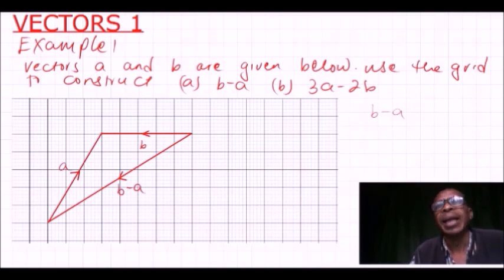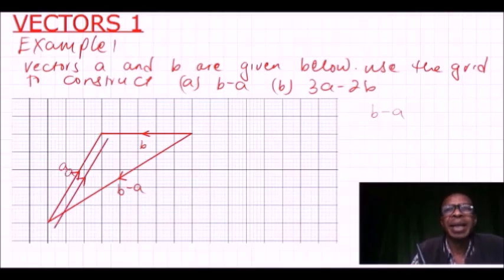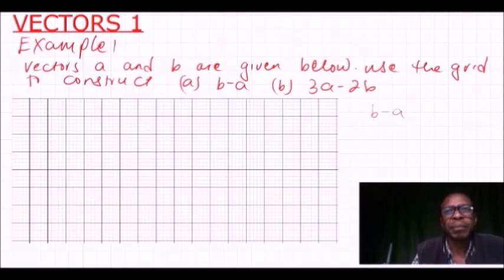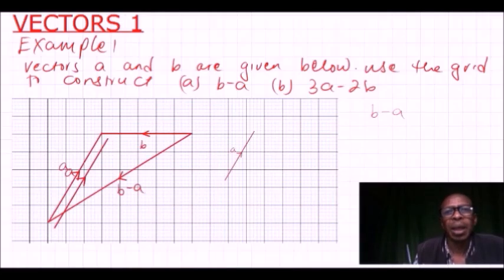The other one is 3A. For the 3A, what you do is you multiply. You multiply this by 3, so you have a vector, you combine them. Let's make A a bit smaller so that we can work with it. And we can remove this.